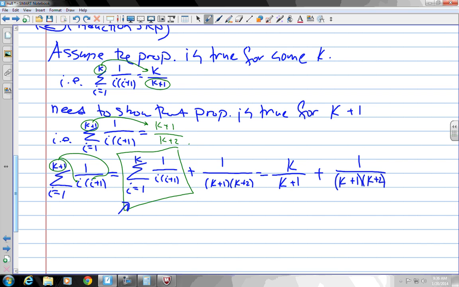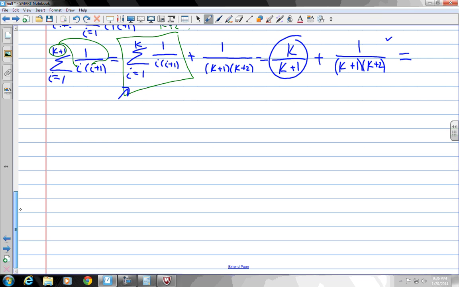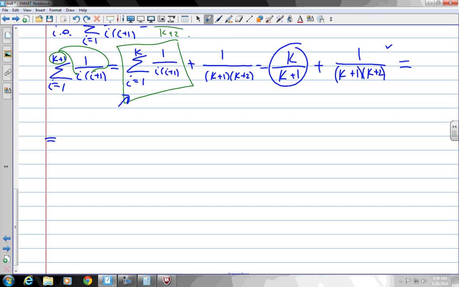So again, this thing is the first k steps, and this is that new extra one. Now I just have to add two fractions. So how do we do that? What is the least common denominator? k plus 1, k plus 2.